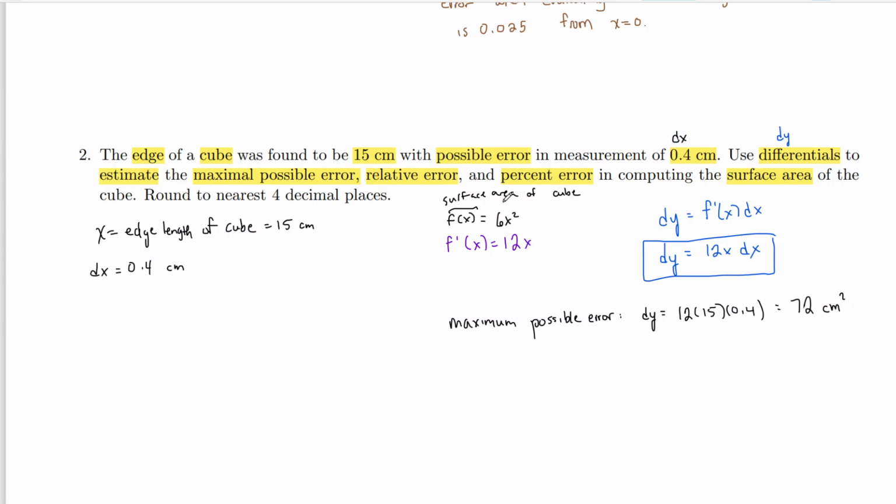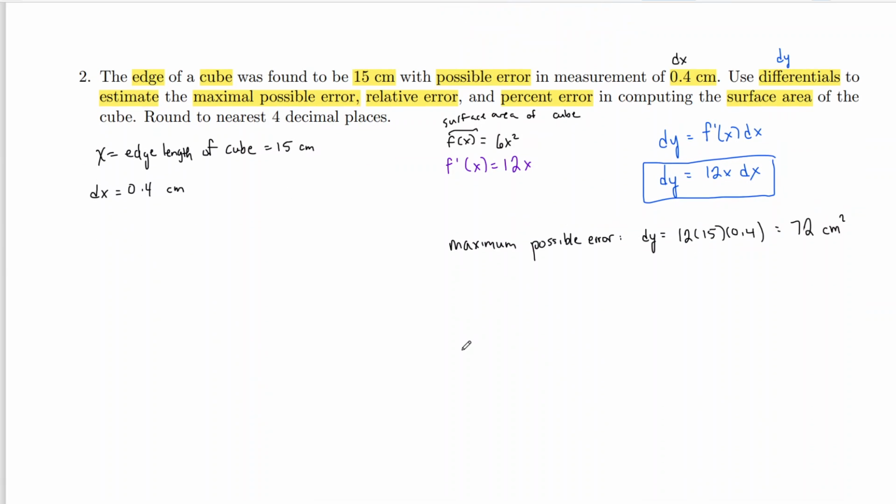Now the next couple things that we want to do, the relative error and percent error, we haven't really talked about, but there's a quick formula for relative error. Go ahead and write it down. It's just the maximum possible error, what we did in the first part, divided by the actual quantity itself.